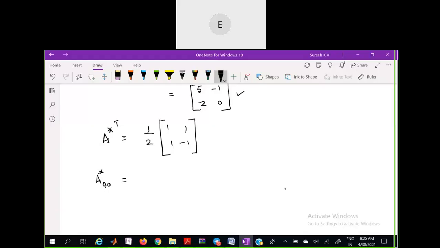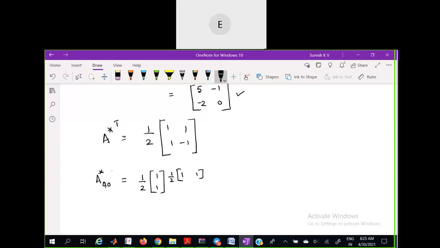The outer product can be written like this. So the first column is 1 by root 2 times 1 and 1. Outer product means you have to take the transpose of this.